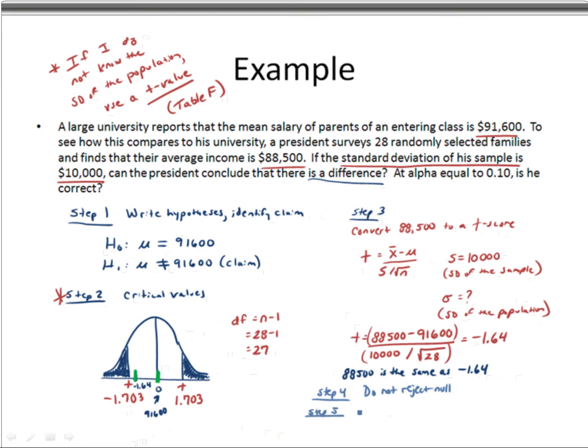Okay, and then step 5, our last step, remember, is to use the chart in our book, which eventually you want to get to the point where you don't necessarily have to flip to that chart to come up with your answer. But right now, if you need to take a look at it, that chart can be found on page 415 in your textbook. We're going to use the fact that our claim was H1, and so we'll look at one of the bottom 2 boxes of the 4.